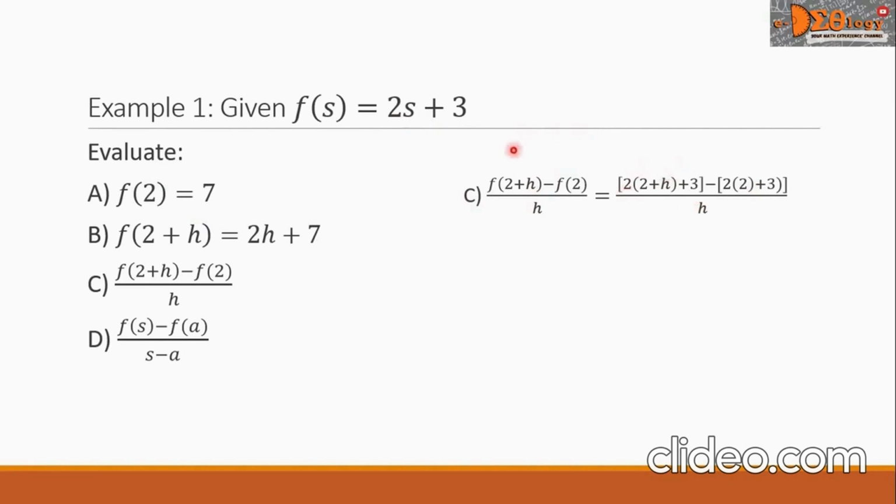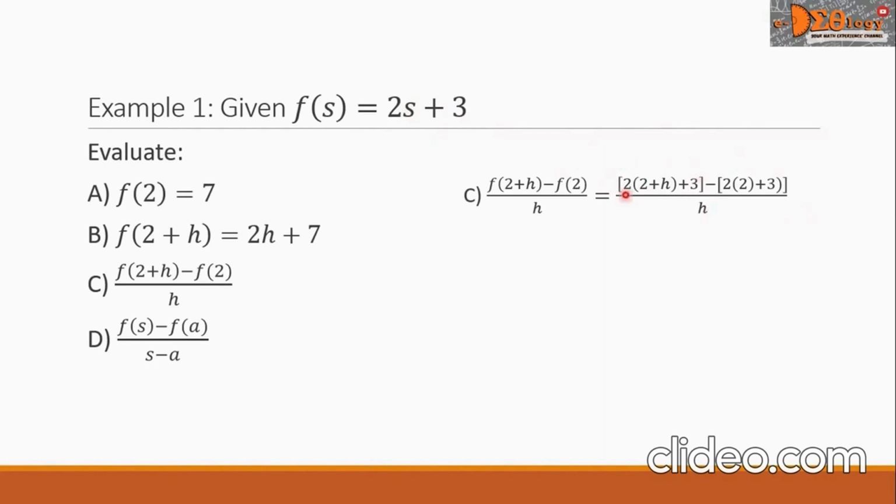This is for the f of 2 plus h. Then minus the f of 2, the same idea. I will copy this function in here, and then for every s that I see, I will change it to the number 2. So we have here 2 times 2 plus 3. Then all over the h.